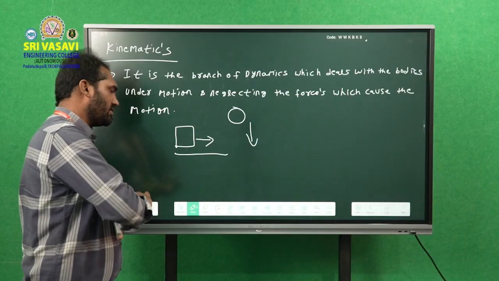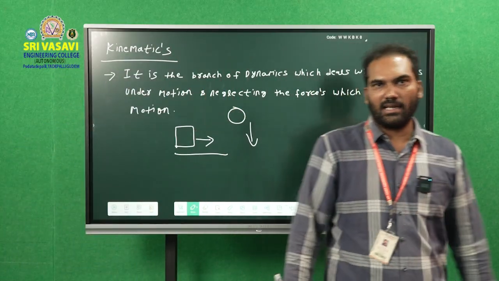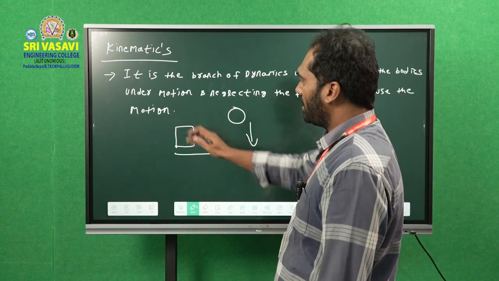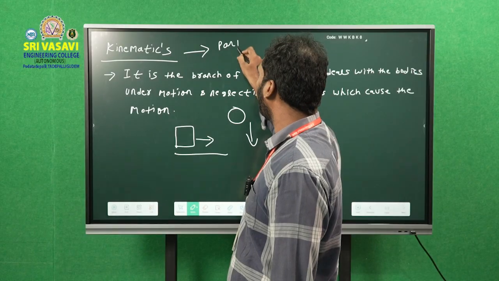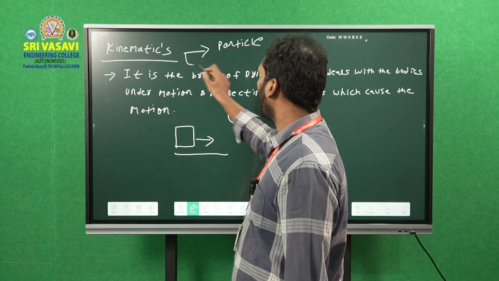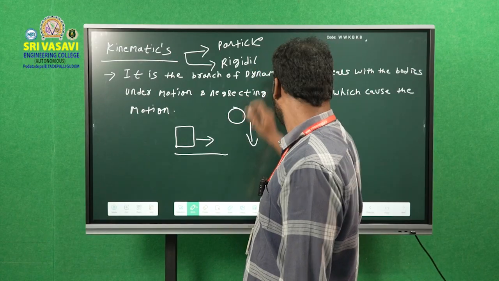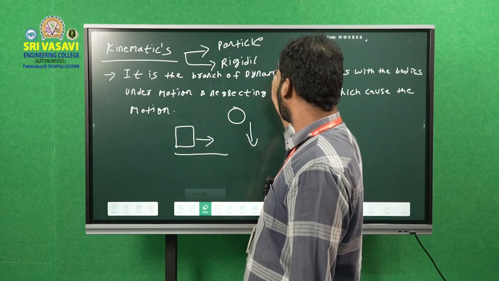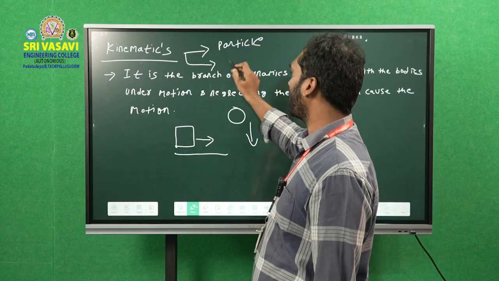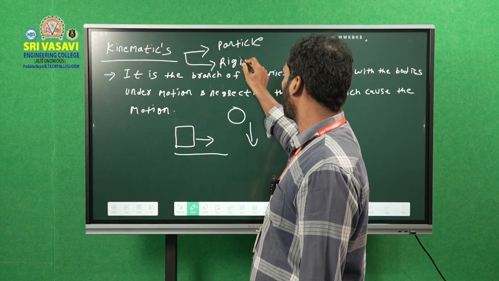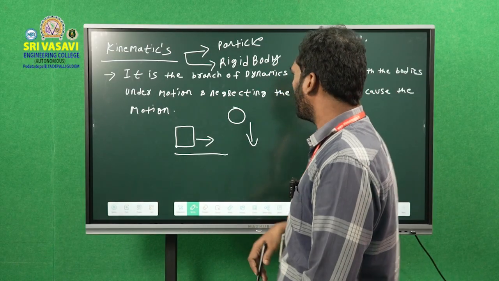In this we discuss particle and rigid bodies. In kinematics we can classify it for particle and for rigid body.